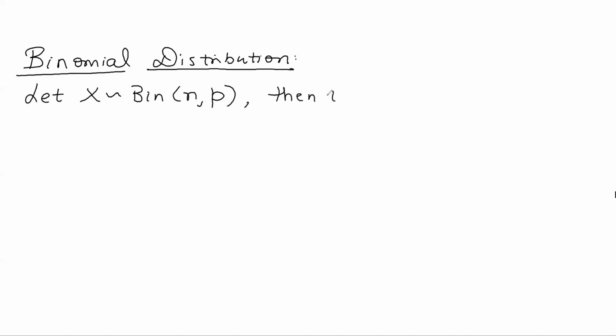Then the cumulative distribution function is denoted by capital B of x, n and p.